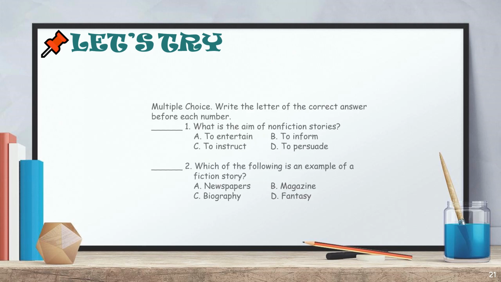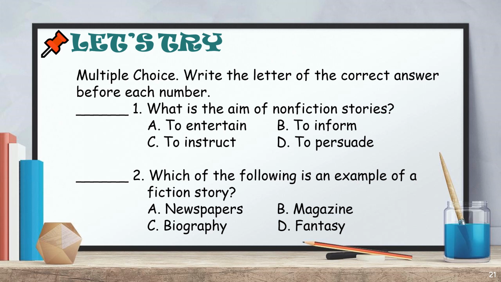Let's try. So here we're going to test your skills whether you learned something from all the exercises that we did during our discussion earlier. So here you are going to answer this on your own, okay? So let me read first the direction. It is a multiple choice, by the way, so you are only going to write the letter of the correct answer before each number.